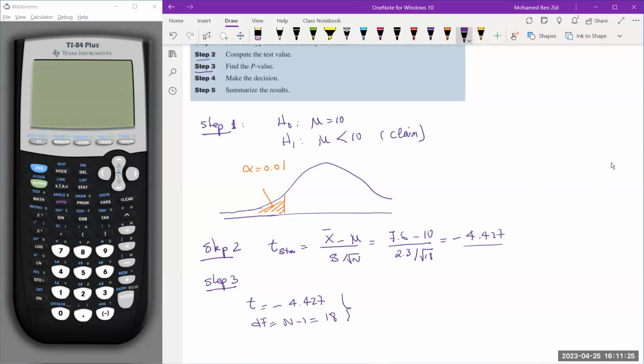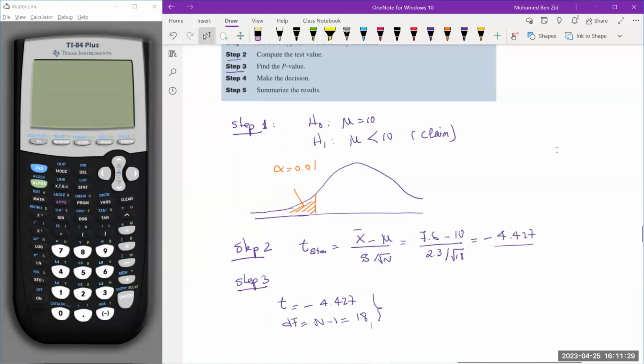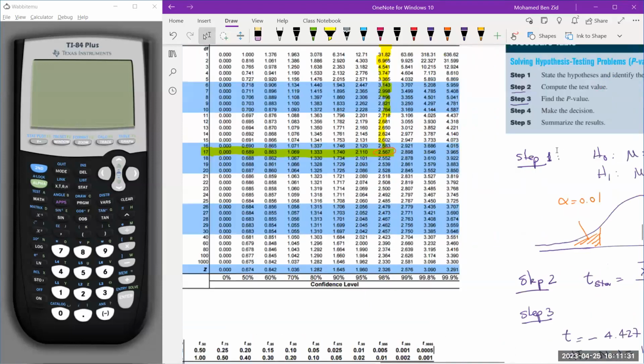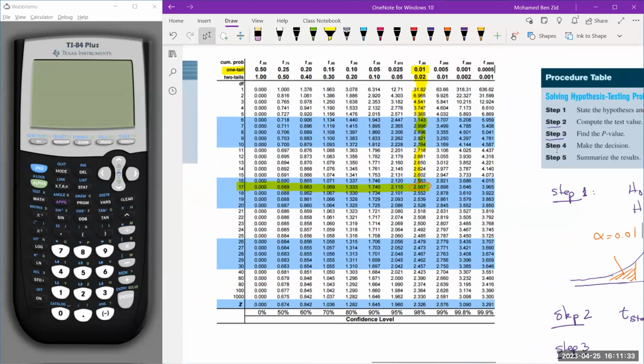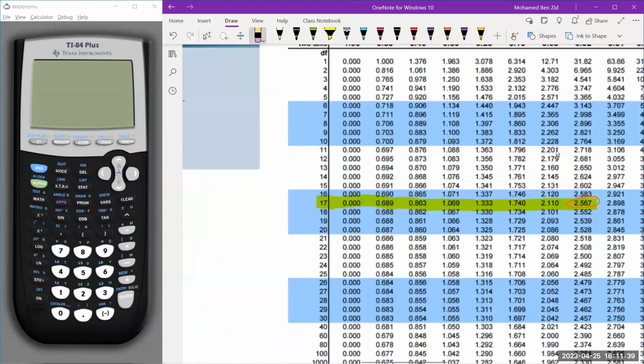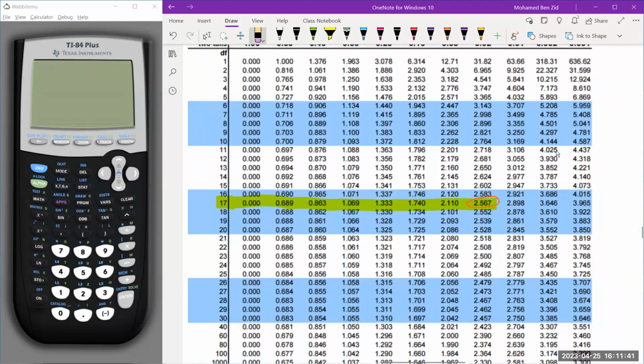So I'm using the t table in reverse, right? So first of all, here, I'm going to identify degree 17. So degree 17 is this line over here.